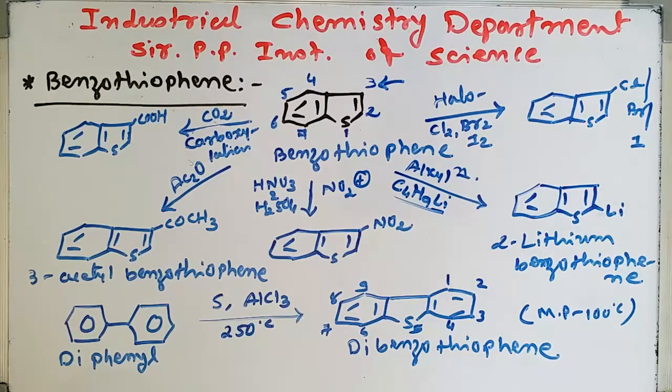Today we complete heterocyclic compounds as 5-member ring heterocyclic compounds, simple compound and fused compound, and we will see in the next lecture the 6-member ring heterocyclic compounds: 6-member, 1 heteroatom, 2 or more heteroatoms, simple compound and fused compound.